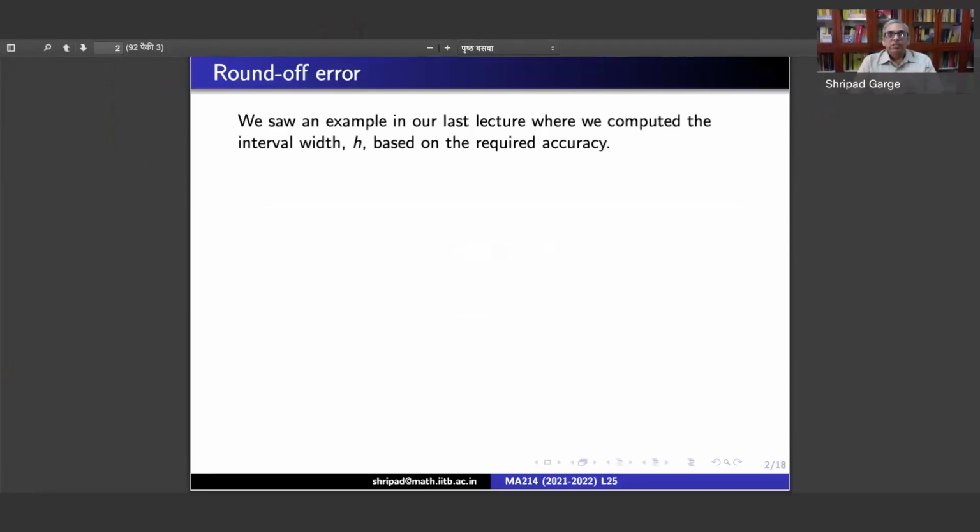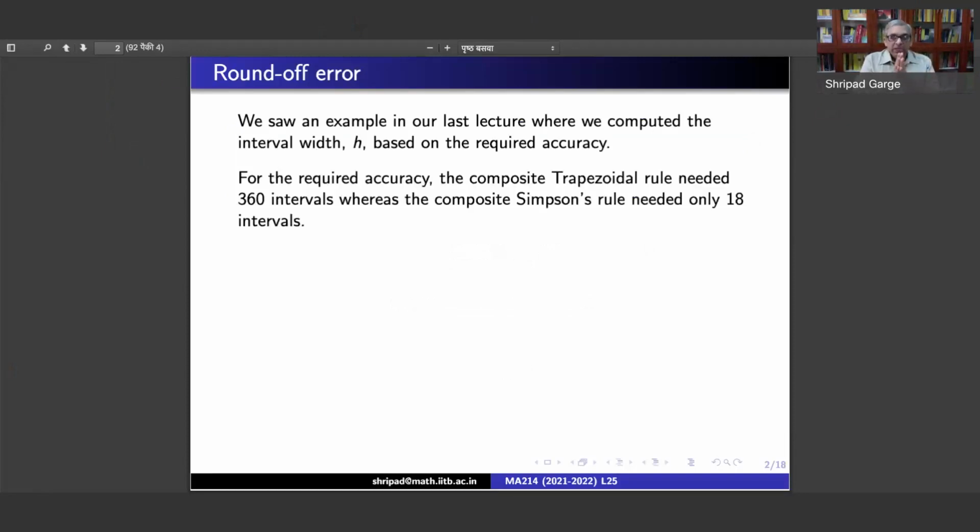All right. So we saw an example in our last lecture where the interval width could be computed for the composite rules for numerical integration on the basis of the required accuracy. And just to remind you, the composite trapezoidal rule needed about 360 intervals, whereas that for Simpson's rule needed only 18 intervals.